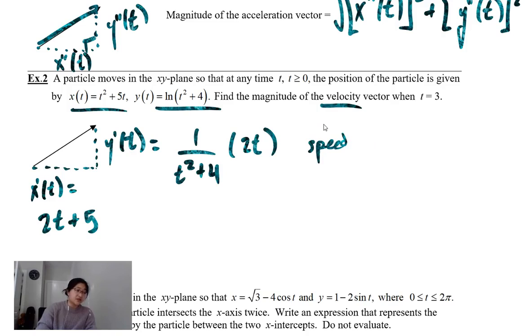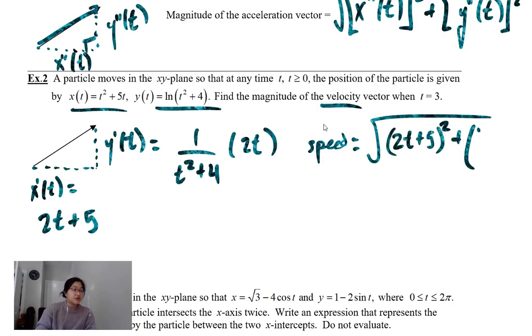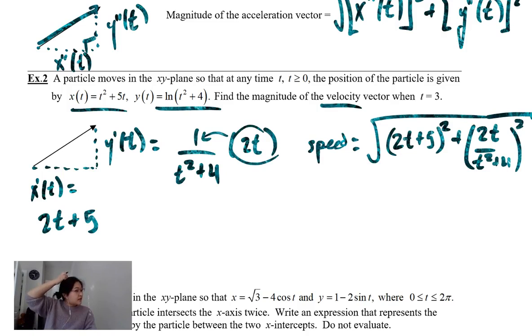Well, first we need the general speed, which is root of 2t plus 5 squared plus 2t over t squared plus 4. And that was just by multiplying that 2t by that 1. And then we square that. And so now we can evaluate at time t equals 3.